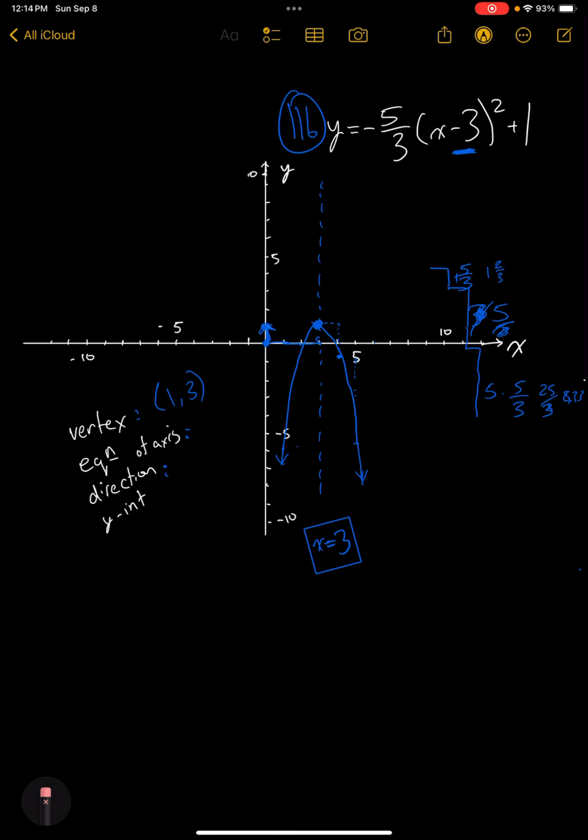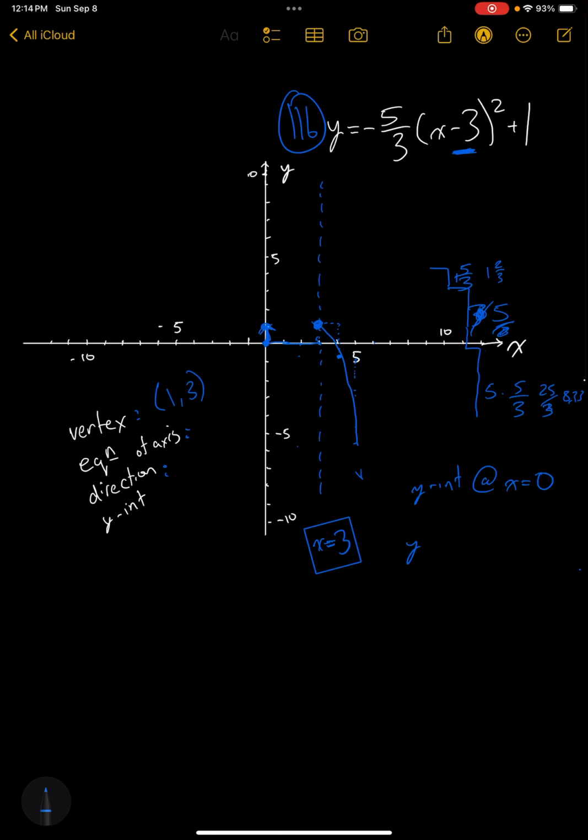Oh, and by the way, let's see what the y-intercept is. I don't know what this is going to be. It's probably going to be 16. But the way we do that is, we get our y-intercept at x equals 0.